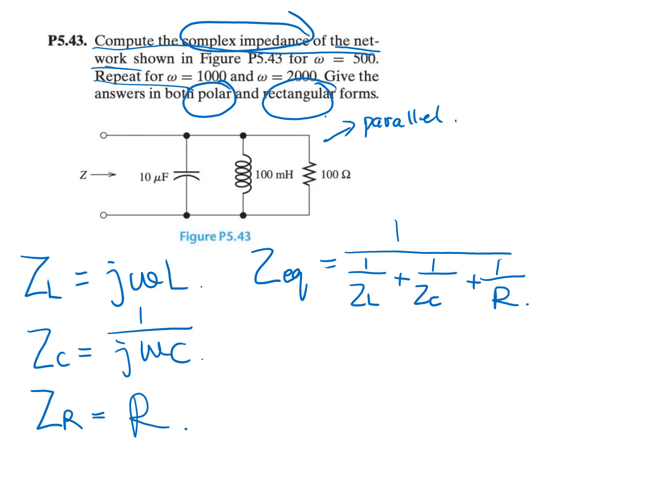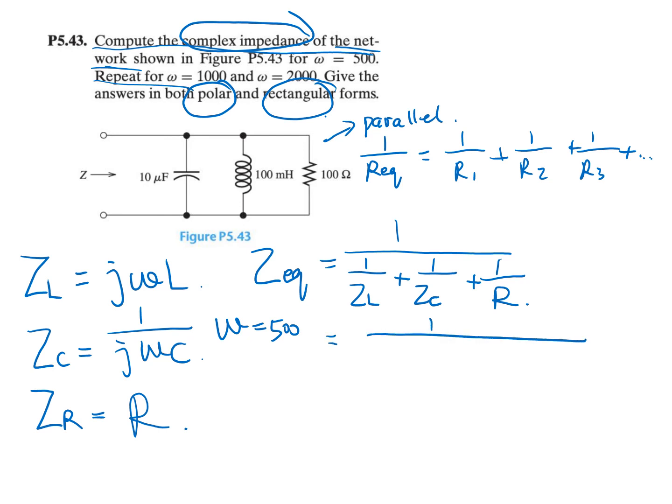If we recall how we combine a network of resistors, we did 1 over Req is equal to 1 over R1 plus 1 over R2 plus 1 over R3 and so on. What we do here is exactly the same. We are combining the impedances as we do for resistors. So when omega is equal to 500, let's substitute in the values.